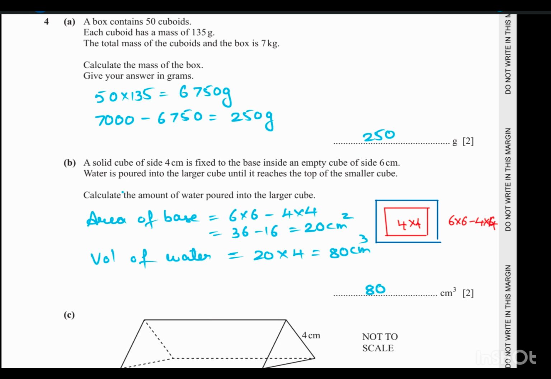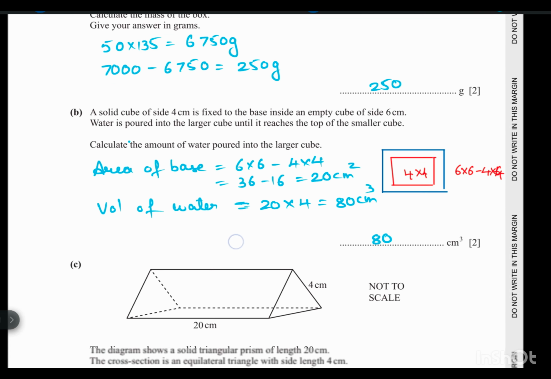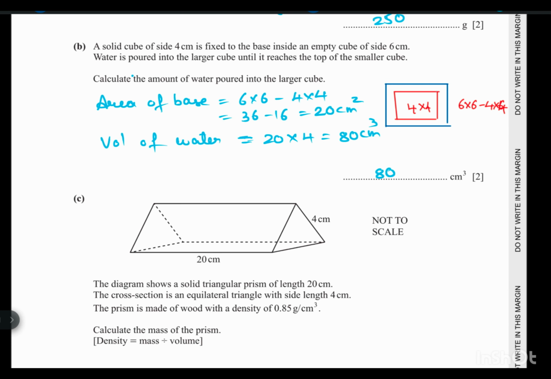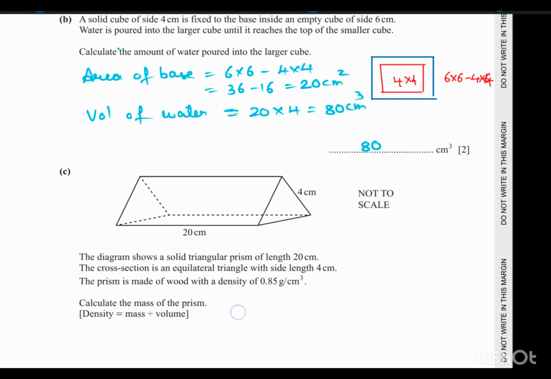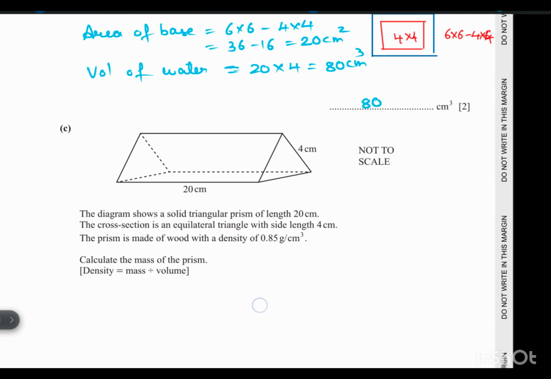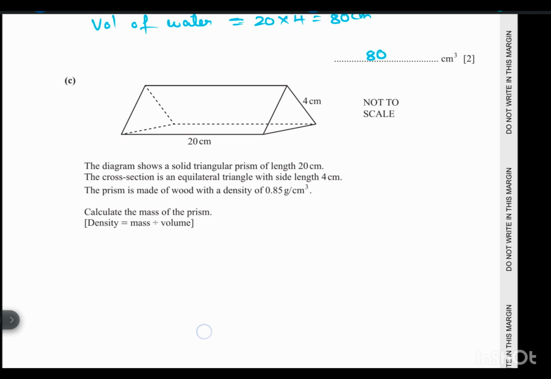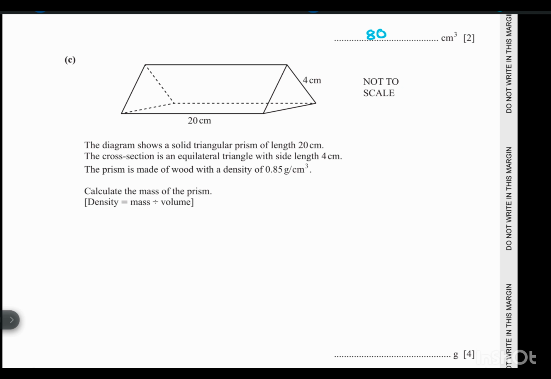Question number C. The diagram shows a solid triangular prism of length 20 centimeter.